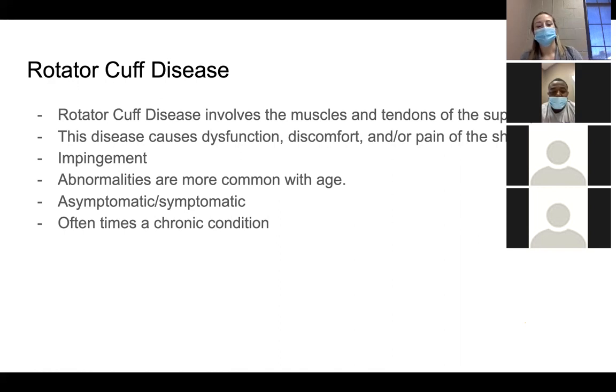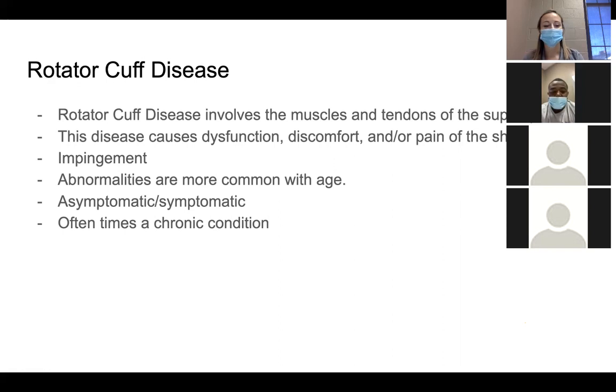Abnormalities are more common with age. According to the Journal of Shoulder and Elbow Surgery, prevalence of abnormalities is 9.7% in patients 20 years and younger, and in patients 80 years and older, it is 62%.